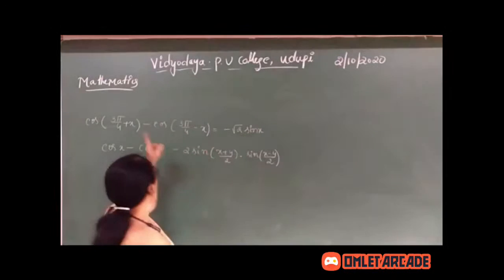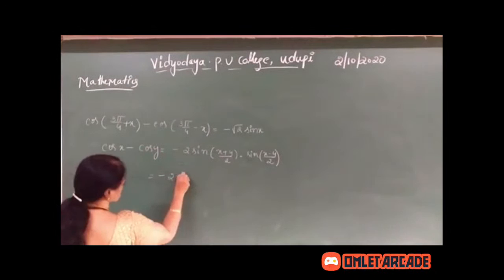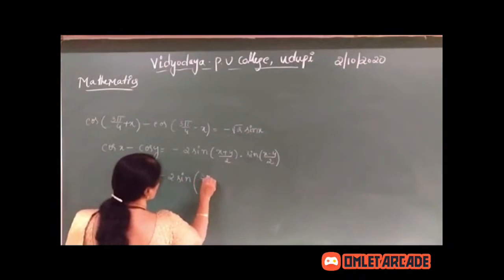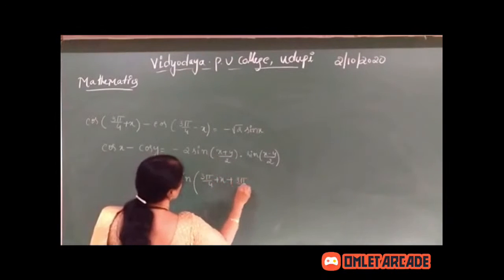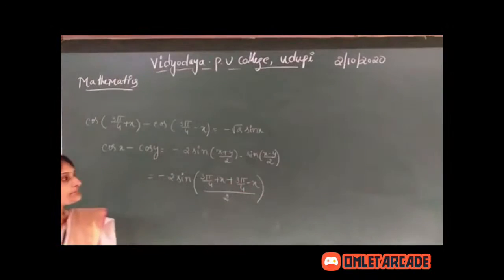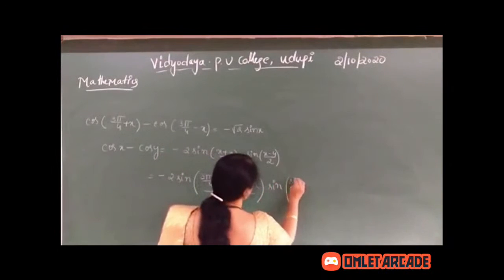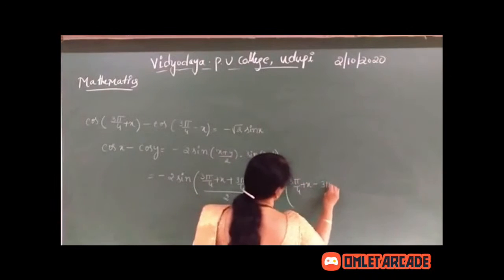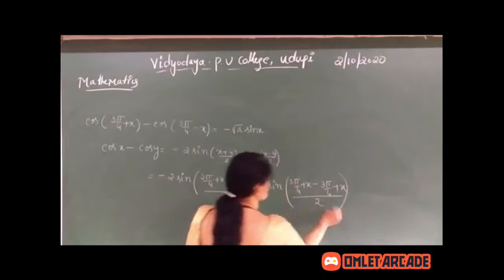So in this, we are going to substitute these values. This is minus 2 sin of 3 pi by 4 plus x plus 3 pi by 4 minus x by 2, clear, into sin of 3 pi by 4 plus x minus 3 pi by 4 minus x, minus into minus is plus, by 2.